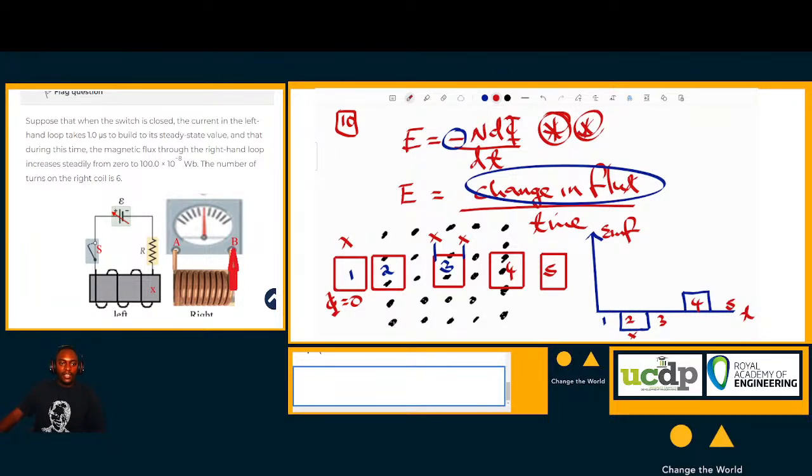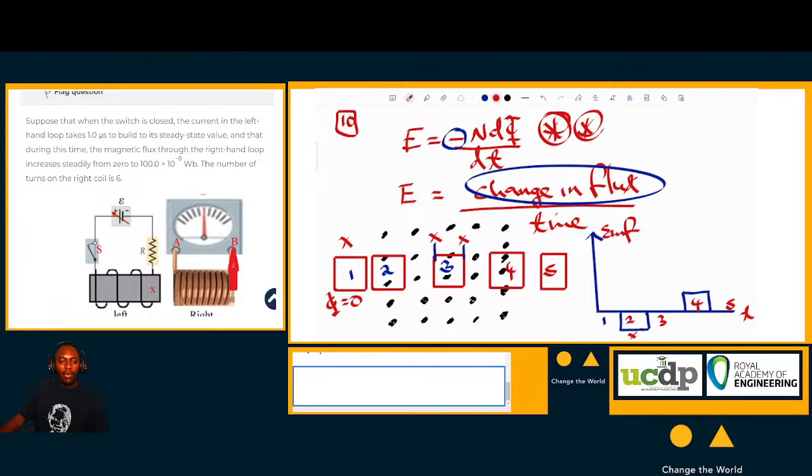So the question says, suppose that when the switch is closed, the current in the left hand loop takes 1 microsecond to build to its steady state value, and that during this time the magnetic flux through the right hand loop increases steadily from 0 to 100 times 10 to the negative 8 Webers.